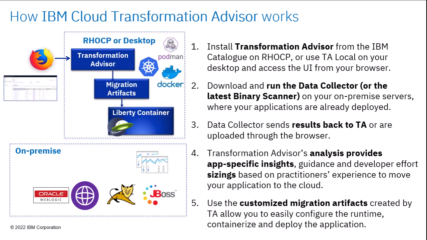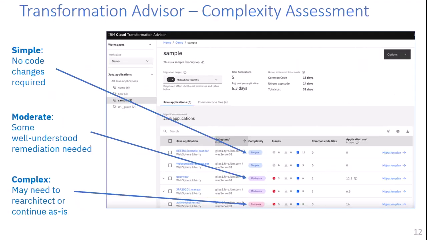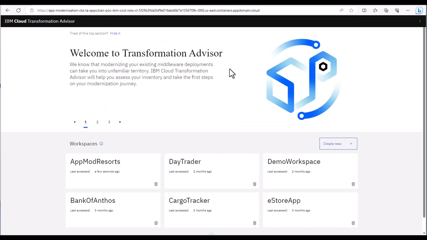Applications which have complex dependencies or those running on older platform versions might need significant changes. Cloud Transformation Advisor also categorizes the application as simple, moderate, or complex t-shirt sizes based on the effort needed, and finally generates the migration artifacts to speed up the process.